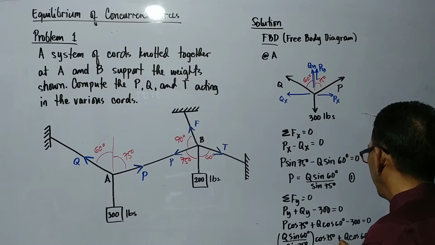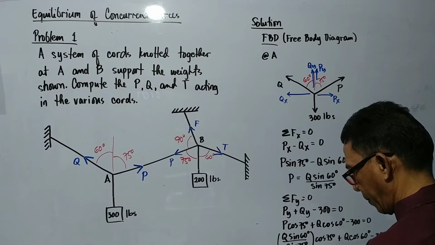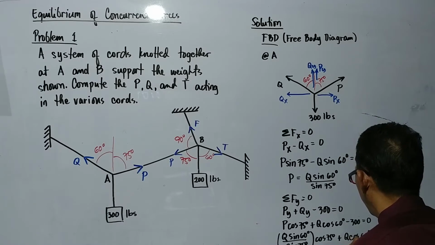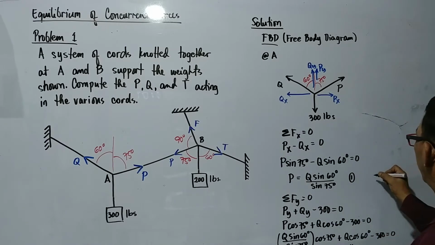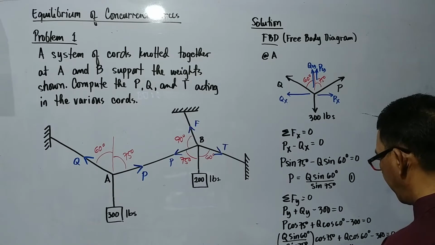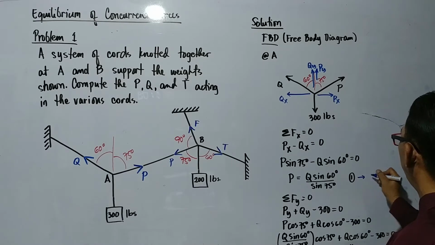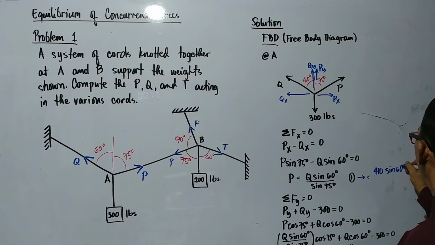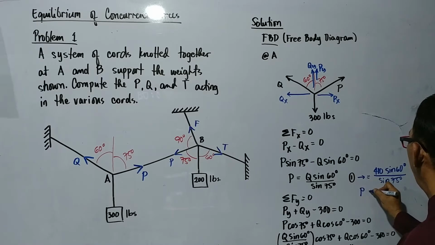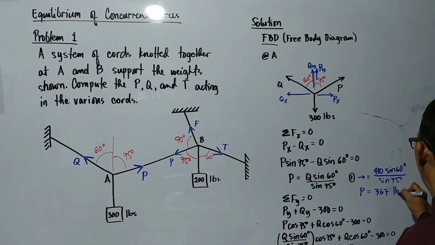So our Q now is equal to 410 pounds. Substitute Q here, we have 410 sine 60 degrees over sine 75. Our P now is equal to 367 pounds.